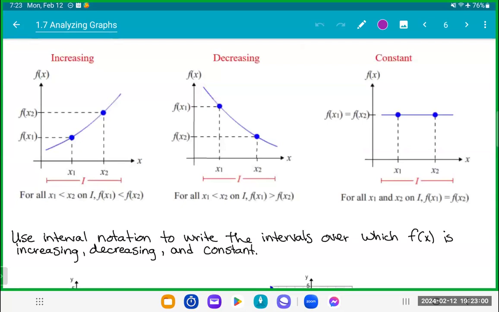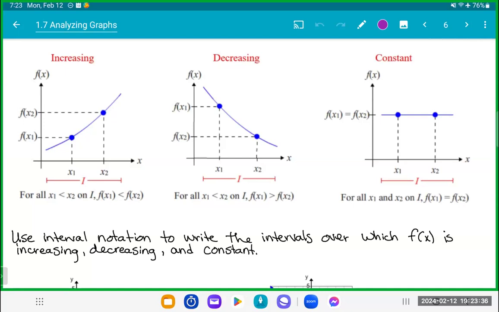All right, so next we want to talk about when is our graph increasing, when is our graph decreasing, when is our graph constant. So basically, if you're going from left to right, as your X values increase, if your Y value also increases across that interval, that means your graph is increasing. But as my X goes from left to right, if my Y value decreases, then I will see my graph decreasing.